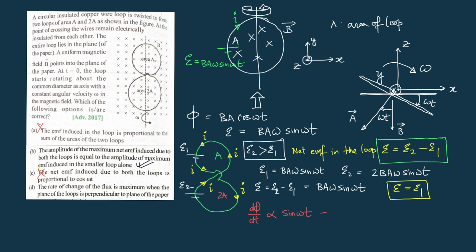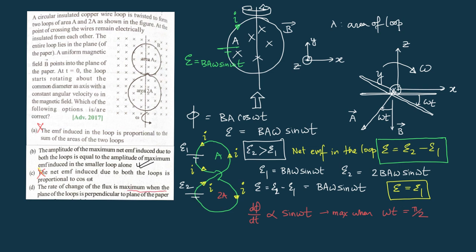It is maximum when sin omega t is equal to 1, that is omega t equal to pi by 2. So omega t equal to pi by 2 means the rate of change of flux is maximum when the plane of the loops is perpendicular to the plane of the paper. Yes, the plane of the paper is actually the xy plane.